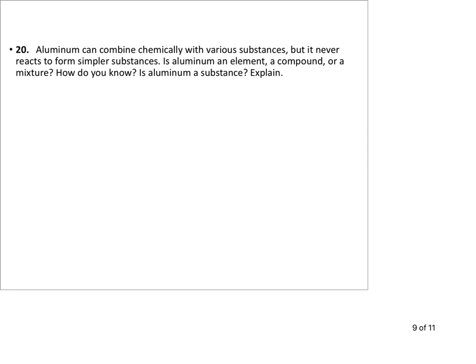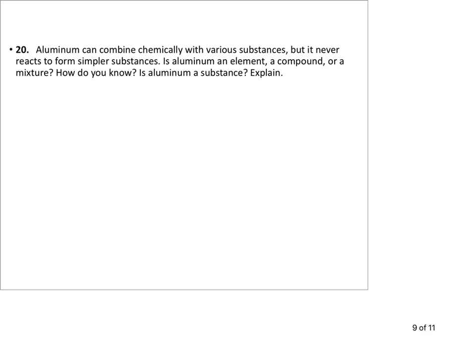Number 20. Aluminum can combine chemically with various substances, but never reacts to form simpler substances. Is it an element, a compound, or a mixture? How do you know? Is aluminum a substance? So, lots of questions there.